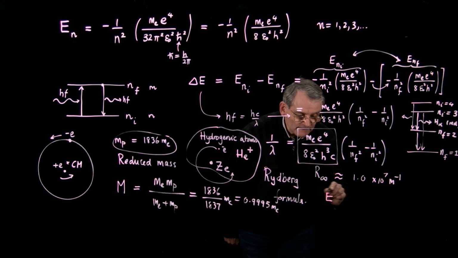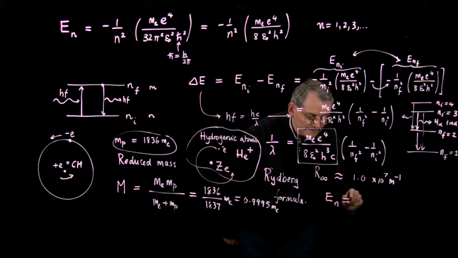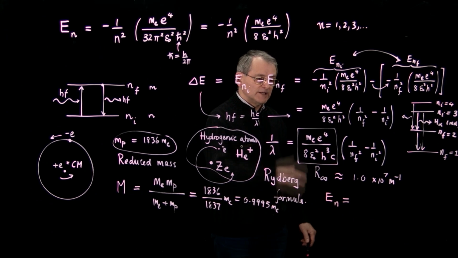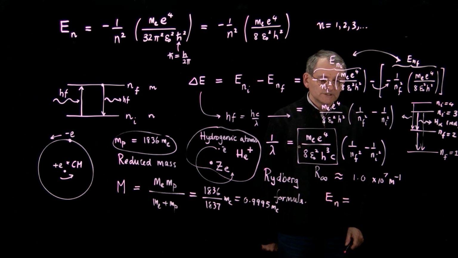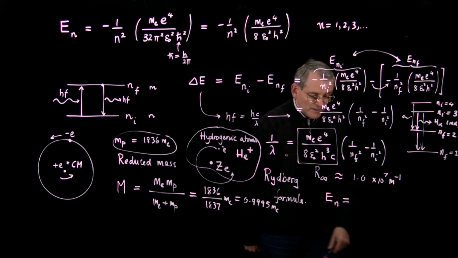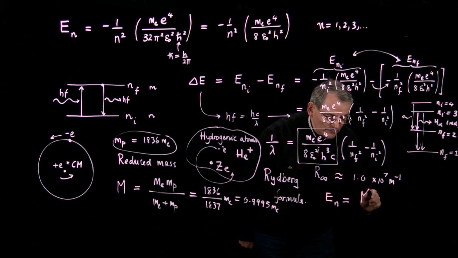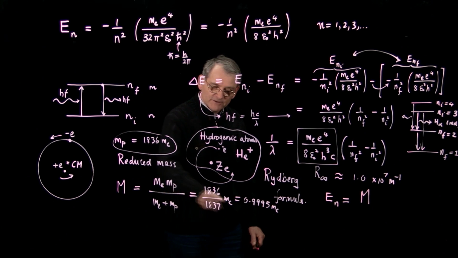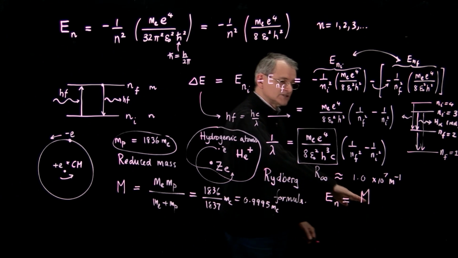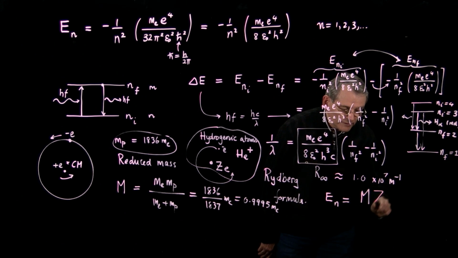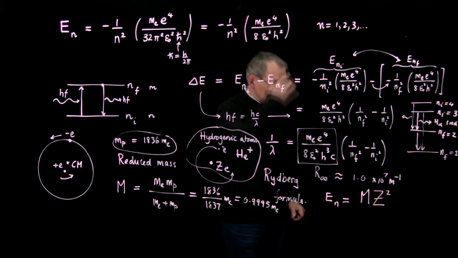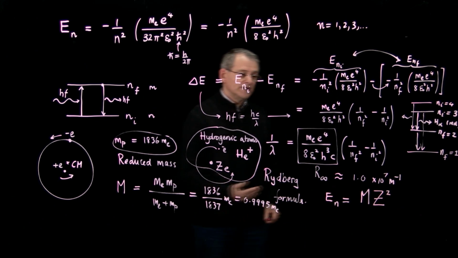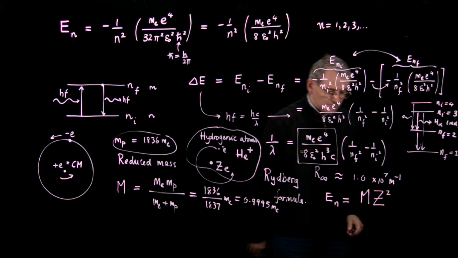And how do we describe this? Well, the energy that we get involving m_e, when we put the numbers in, we get minus 13.6 electron volts. The way we describe this is we use the reduced mass, but as you can see, the reduced mass is going to be very close to the mass of the electron, so that's just a small correction. More importantly, when we go through the Bohr calculation, because we dealt with the v squared, we end up with the square of the atomic number.